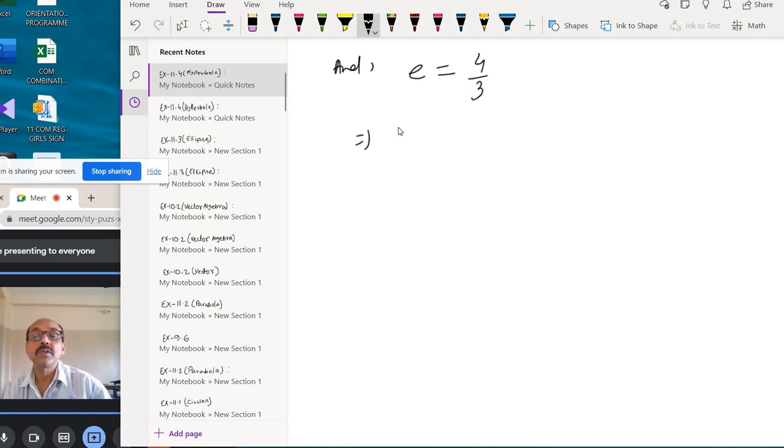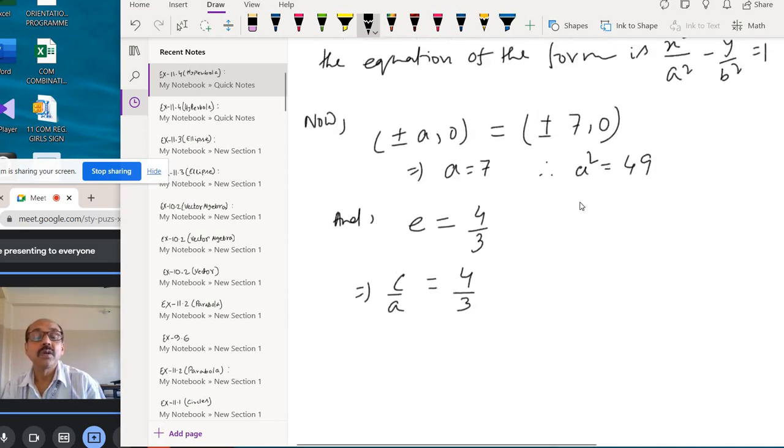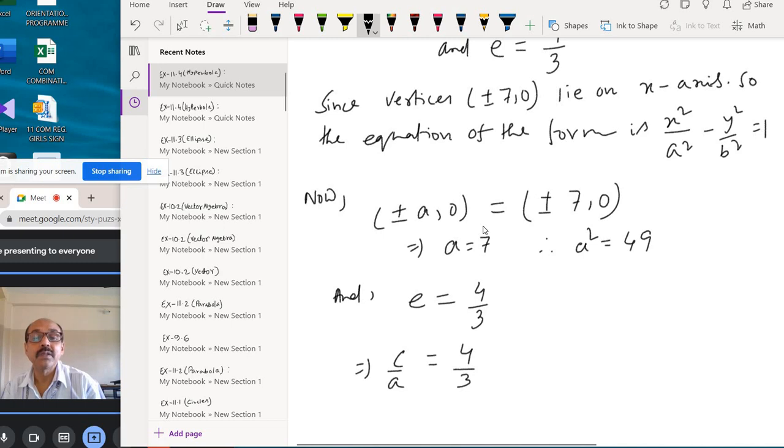So c by a equal to 4 by 3, and already we got a equal to 7.